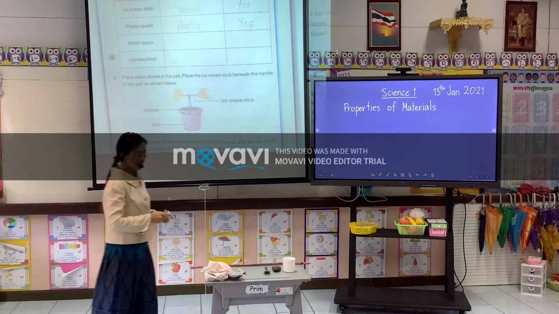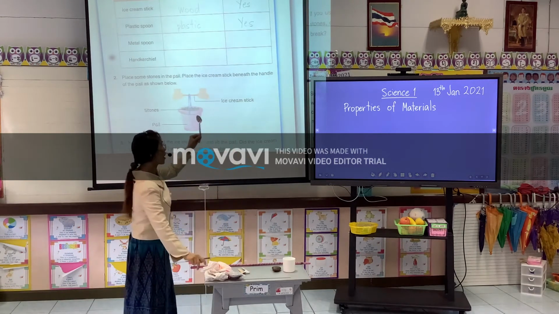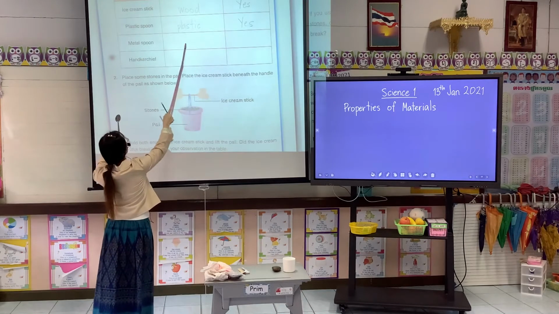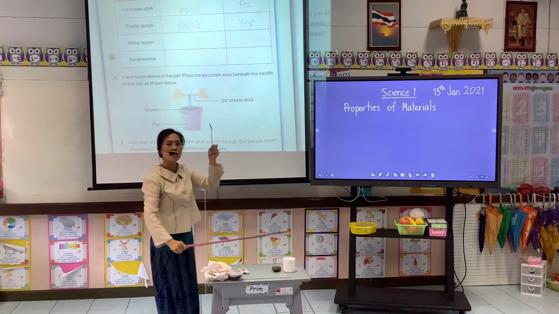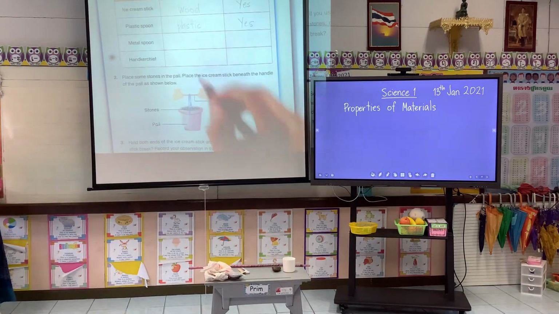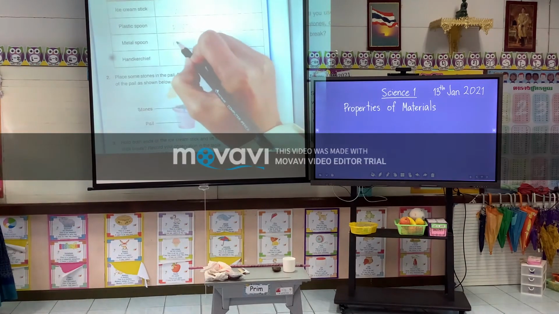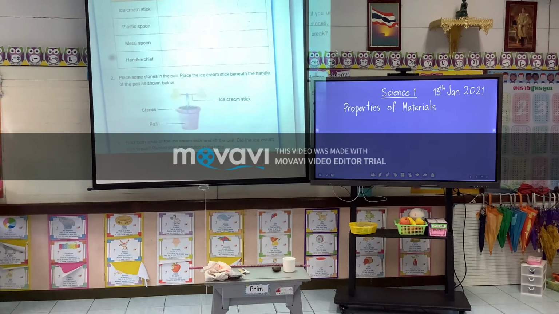Metal spoon. Okay? Metal spoon. What material? So again, metal spoon, it is made of metal. So let's write down metal. M-E-T-A-L. Metal.